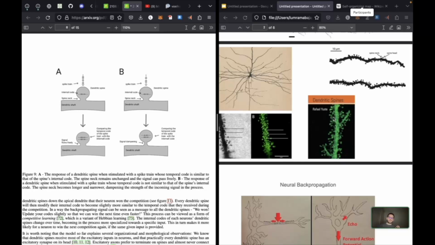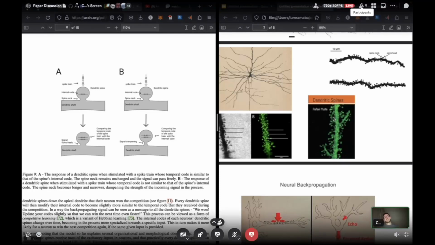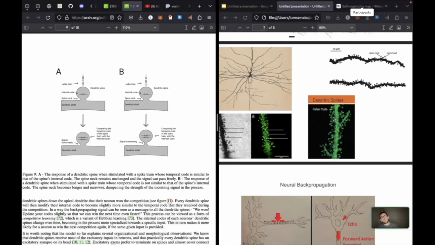Because the spine apparatus is essentially what's deciding if the spine neck is expanding or becoming more narrow or elongated. I haven't seen anyone else contemplate it this way, because most people don't even know about the spine apparatus, honestly.